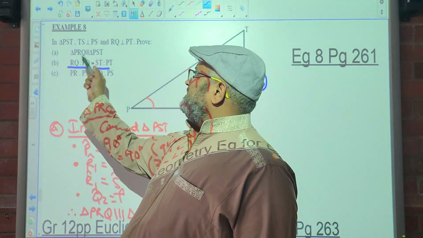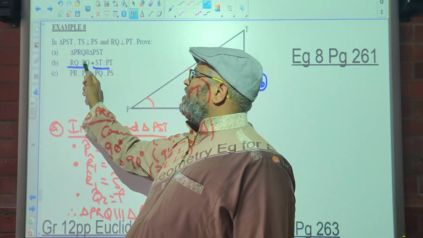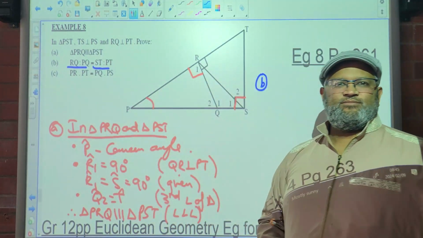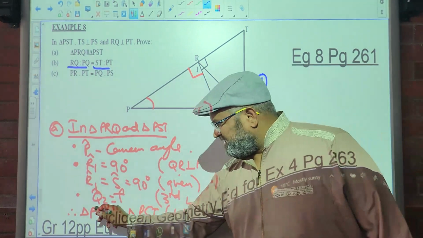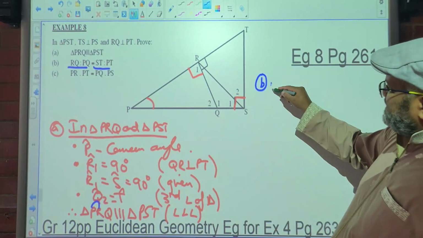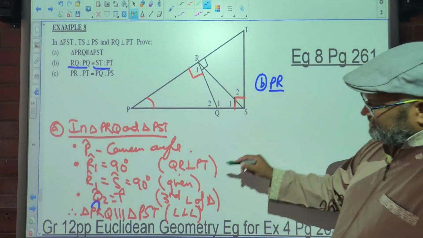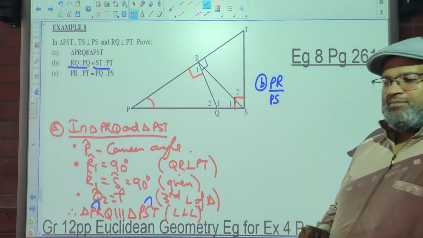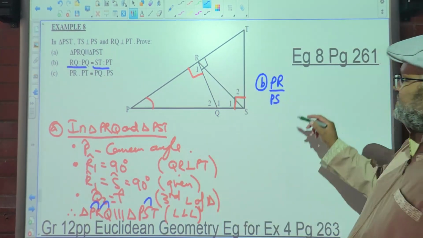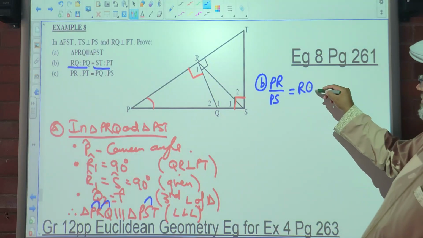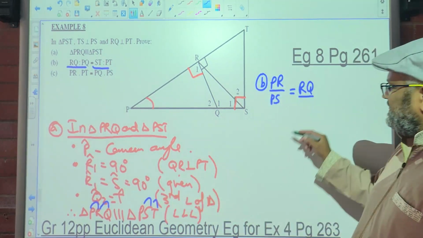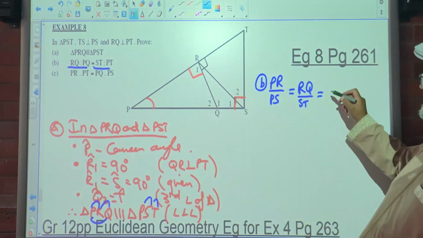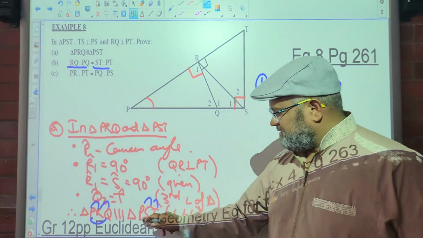So in other words, they're asking me to prove that RQ over PQ is equal to ST over PT. But remember, it's going to come from here. So we say that PR over PS, that's why order is important here, PR over PS is equal to RQ over ST equals the first and the last, PQ over PT.